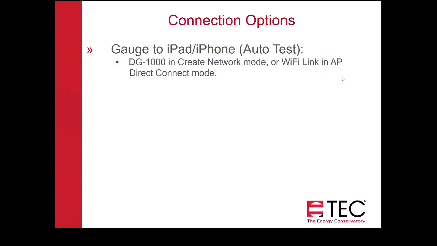So in both these cases, you don't need an internet connection or a router to make this connection. It's sending out a Wi-Fi signal, and on the iPad, you'll see that gauge as one of the networks, and you'll connect to it. The first time you make that connection, you'll need to enter a password, but you will connect the iPad to that broadcast network from the gauge.